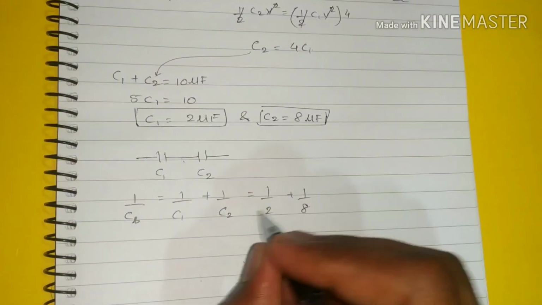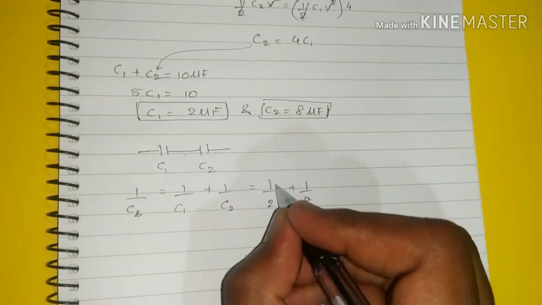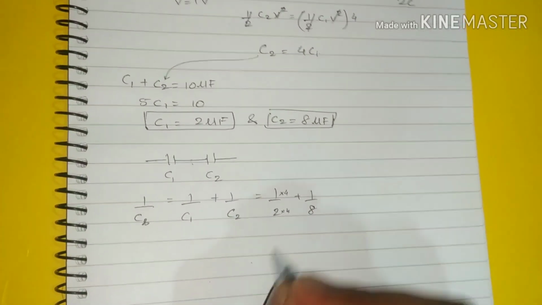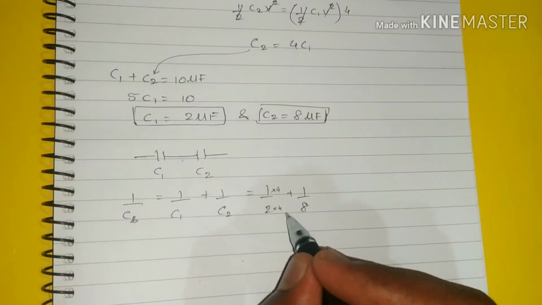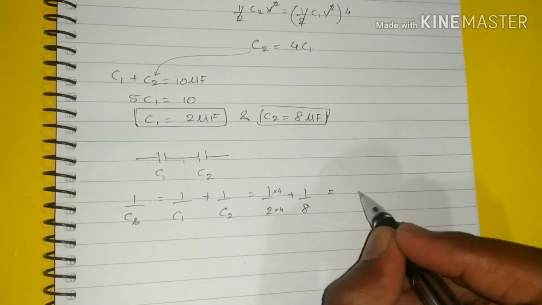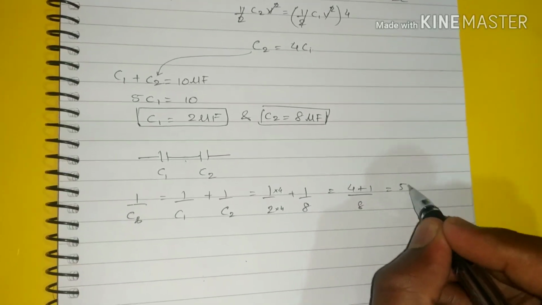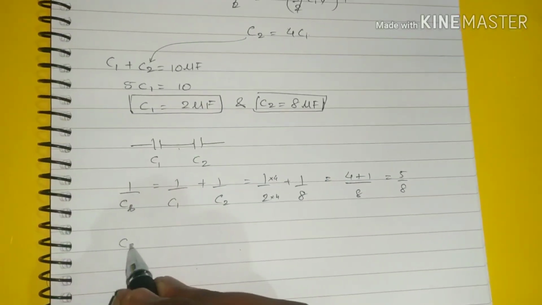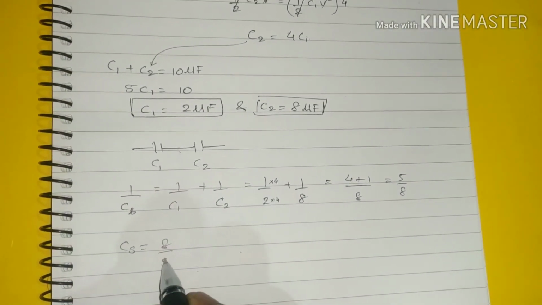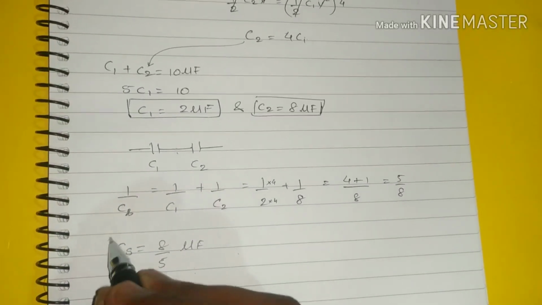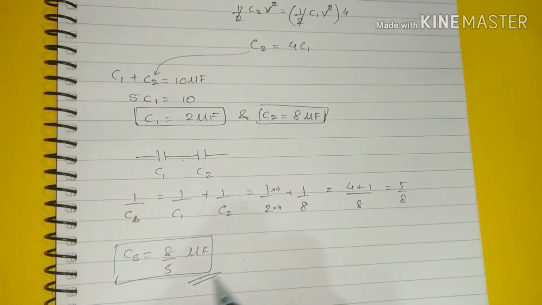Let me take the LCM. I'll simply multiply the numerator and denominator by 4 so that I get a common denominator. This will give me 4 plus 1 upon 8, that is 5 upon 8. In short, Cs will be equal to 8 upon 5 microfarad. And this is your final answer.